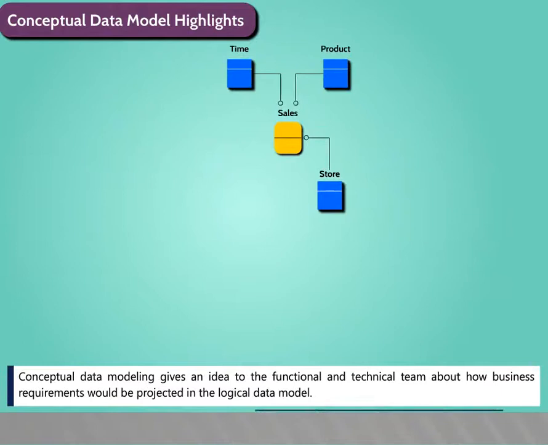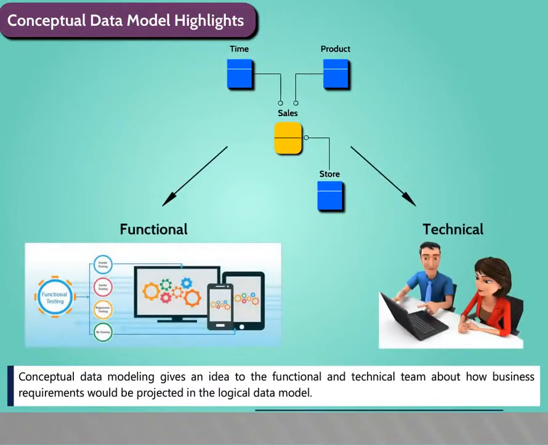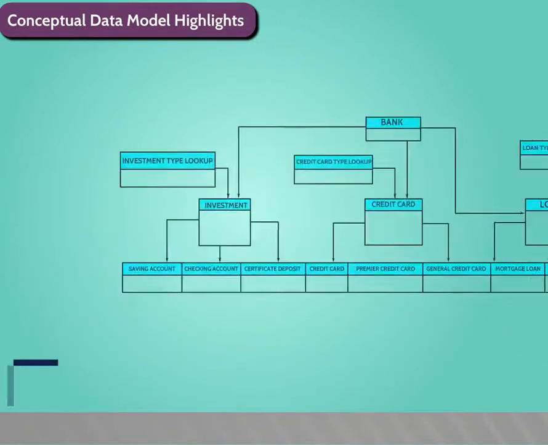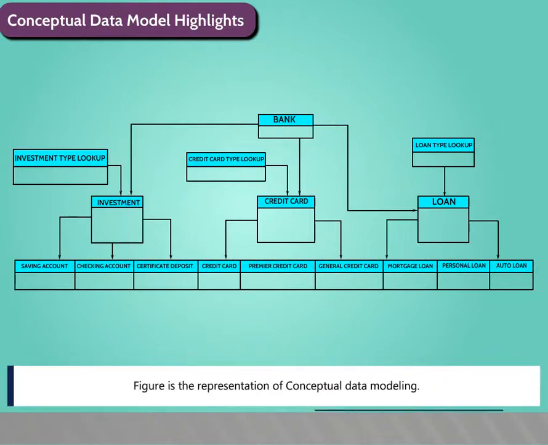Conceptual data modeling gives an idea to the functional and technical team about how business requirements would be projected in the logical data model. Figure is a representation of conceptual data modeling.